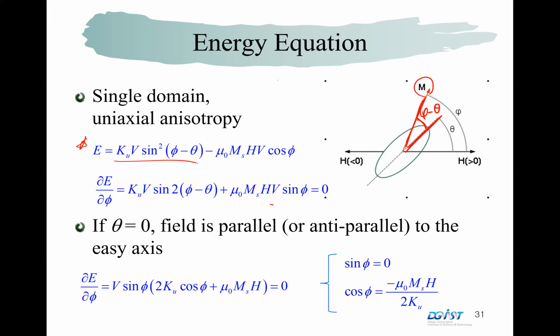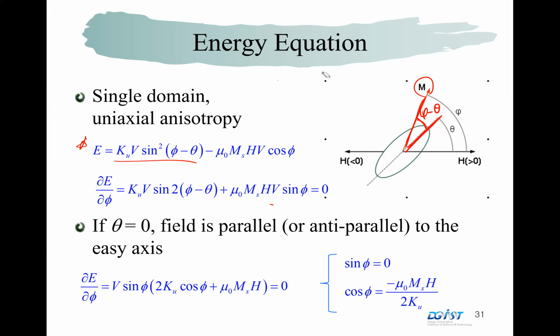This term must be changed to something else, like sine square, cosine square, something for the biaxial one. You may remember that the biaxial anisotropy energy has a sine square, cosine square. But the uniaxial one is most simple, so let's focus on the uniaxial one.